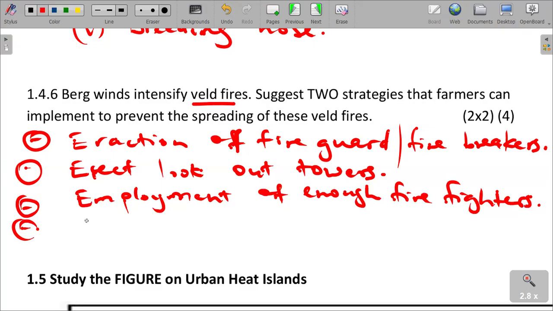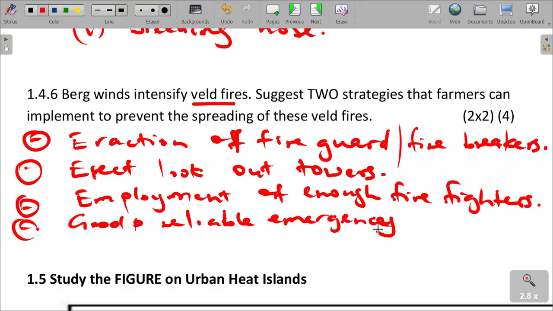We can talk about good and reliable emergency response, which has to do with even water tankers and jets that can help to quench the fire.